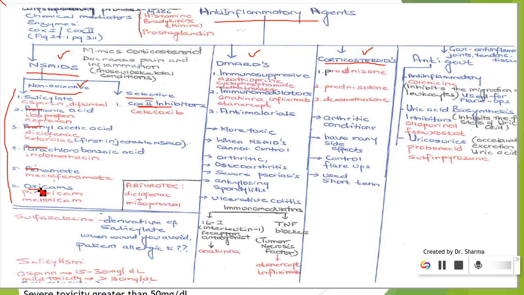Now, first generation non-selective NSAIDs, how many groups are there? 6. The one that is most commonly used is aspirin. And people don't realize how great this drug is, because you get it over the counter too. But always remember, over a long period of time, if it's a minor inflammation, it's fine.